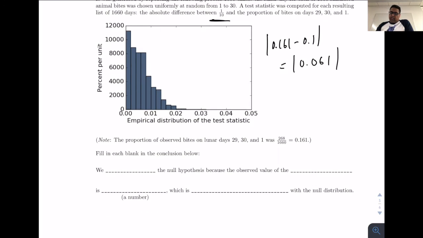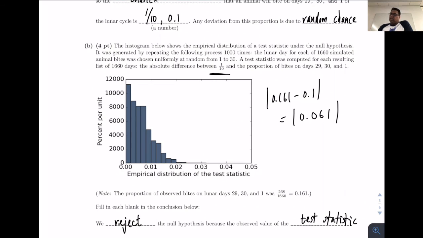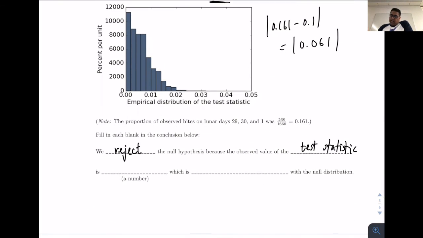So what can we conclude? We reject the null hypothesis because the observed value of the test statistic is inconsistent with the null distribution. The observed value of the test statistic is again the proportion of the values that fell into that bin minus a tenth, which was our theoretical mean, and that is 0.061.